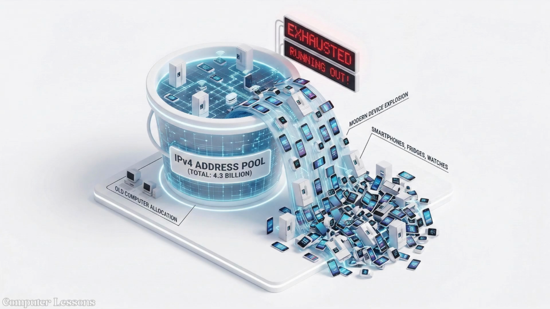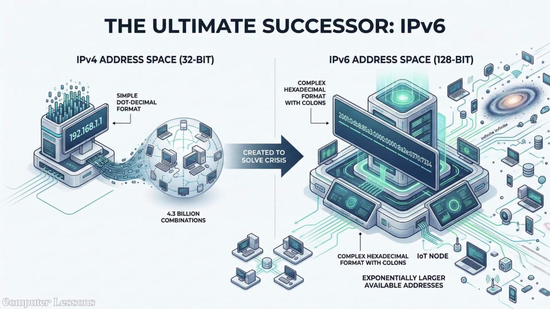When the internet was invented, 4.3 billion seemed like an infinite number, enough for every computer that would ever exist. The engineers were wrong. With the explosion of smartphones, smart fridges, and watches, we technically ran out of these addresses years ago. To solve this crisis, engineers created the ultimate successor, IPv6.